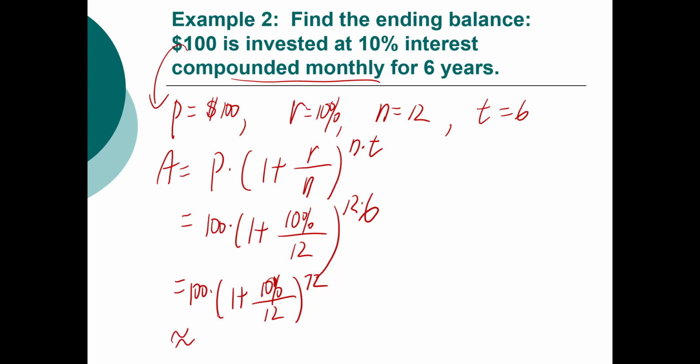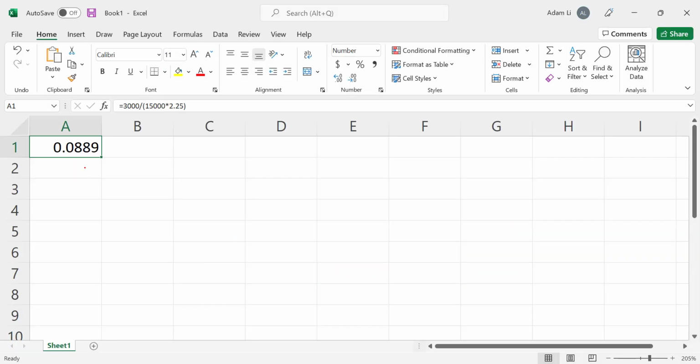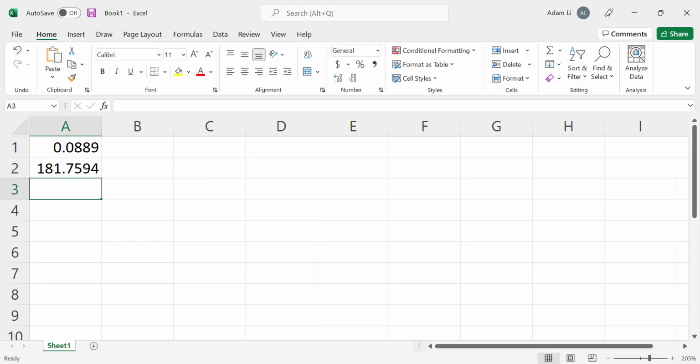I'm going to show you really quickly in Excel. So you go to Excel, put in the equal sign, 100 multiplied by (1 plus the rate, 10%, over 12) raised to 12 times 6. Then you press enter. Okay, and let's see, dollar sign.